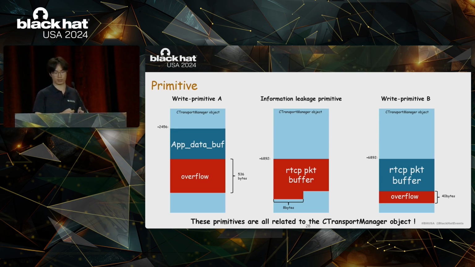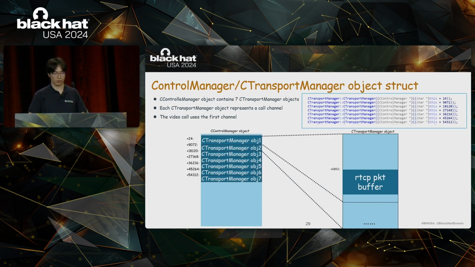All of these primitives are related to the data structure CTransportManager, as shown right below the primitive titles. So our next step is to learn about this object. The CTransportManager object is one of the fields in CControlManager.